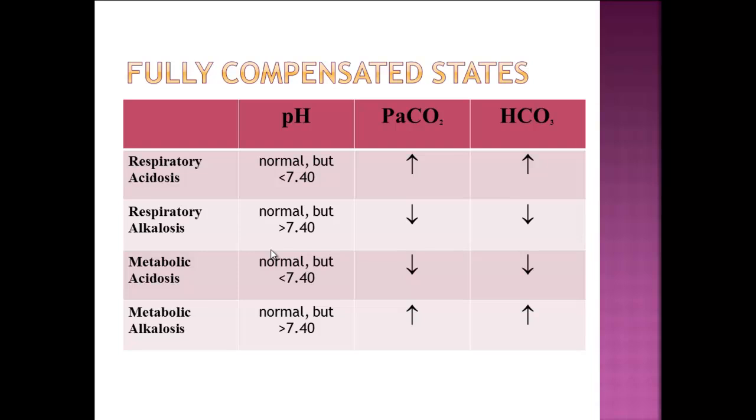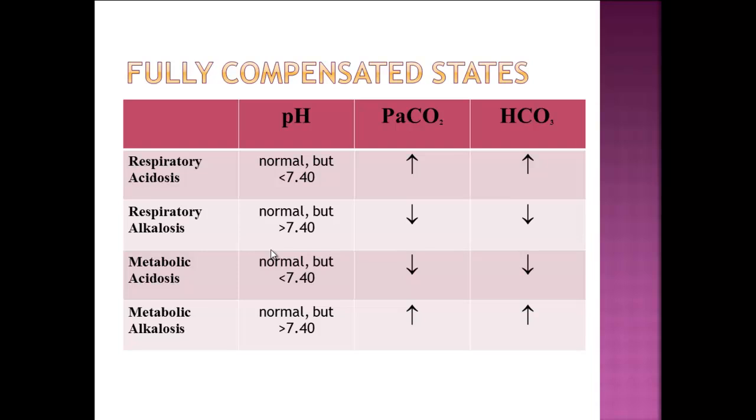So here is a table showing you fully compensated states. I don't have examples here, but just to talk you through it, a respiratory acidosis was going on. The pH was low.